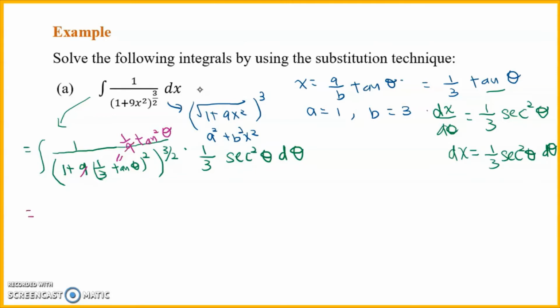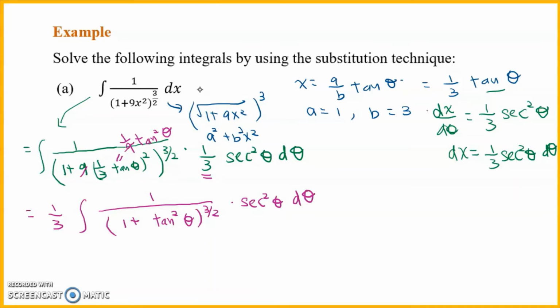So what we finally have is, I bring the 1 over 3 outside first. So 1 over 3 and then 1 over 1 plus tangent square theta to the power of 3 over 2 times secant square theta d theta. And we need to apply a trigonometric identity here, which is that 1 plus tangent square theta is equal to secant square theta.